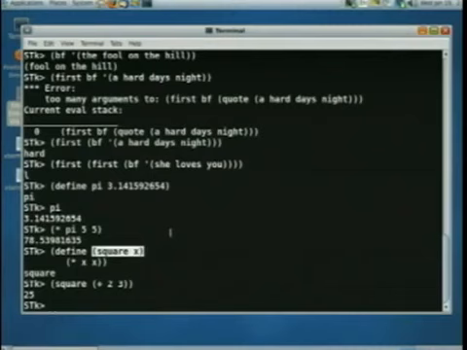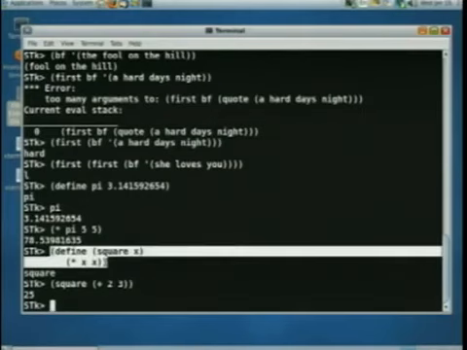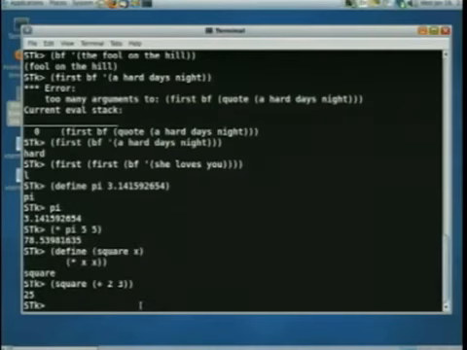Square x, well, if I haven't defined square yet, this doesn't mean anything. And this, although it looks as if it means something, it actually doesn't until we substitute some value for these x's, right? So define is what's called a special form.